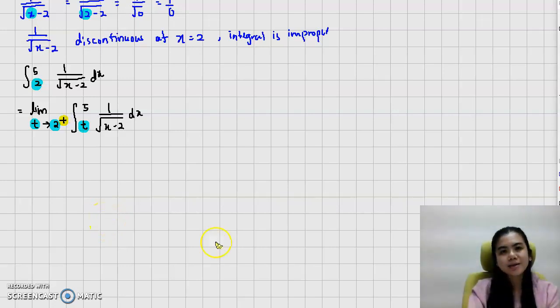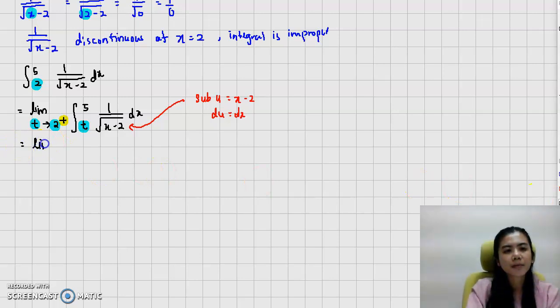The next thing we're going to do is the integration. For this case, of course, you have to manipulate it in order to integrate, so you have to use the concept of calculus 1. We're going to sub this one as u, so we have du dx here. So copy back the limit.